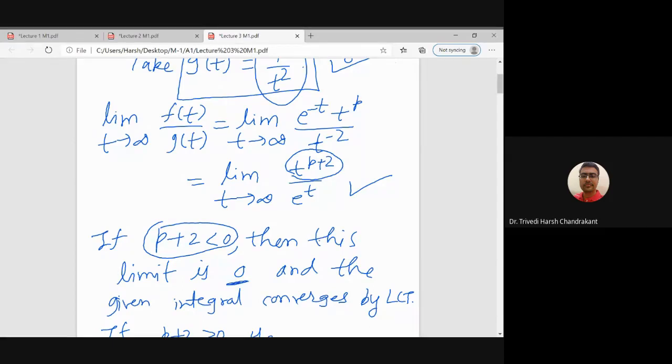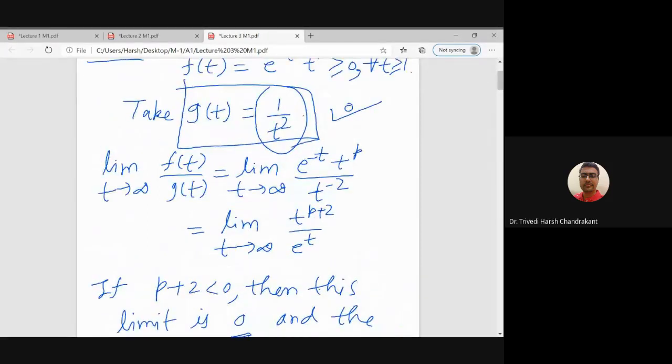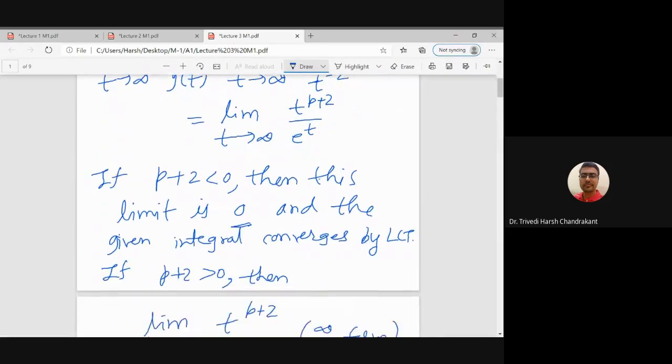If p plus 2 is less than 0, then this power of t is negative, and therefore the limit will become 0. So in that case we can apply LCT, and since the limit is 0 and the function we are comparing has a convergent integral, the given integral will converge for this case by LCT.